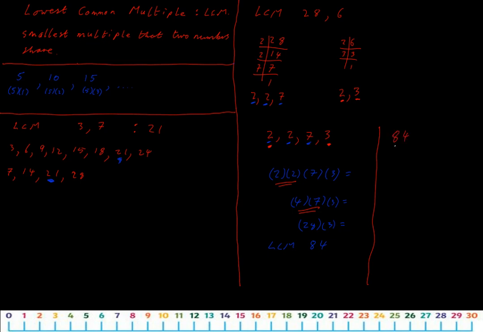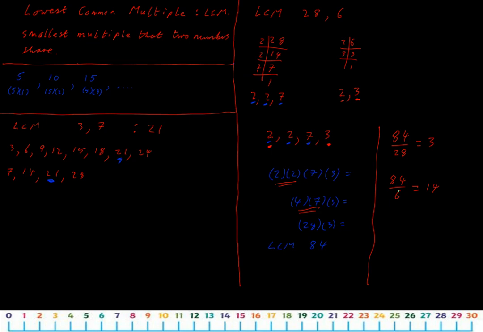So 84 divided by 28 gives us 3. And 84 divided by 6 gives us 14. So 6 and 28 are both factors of 84, which is a pretty good indication that we got our method correct.